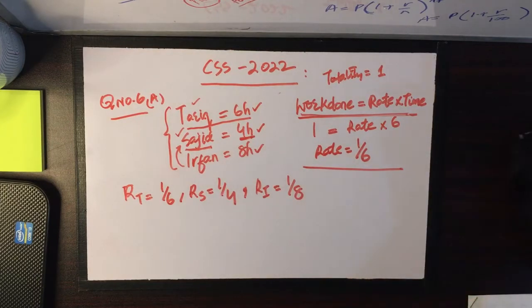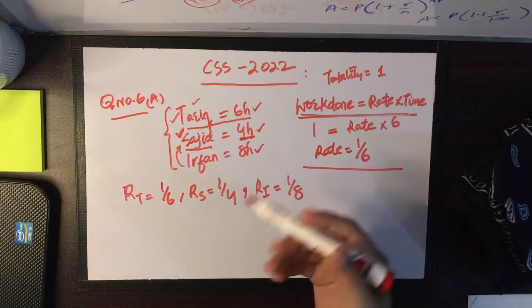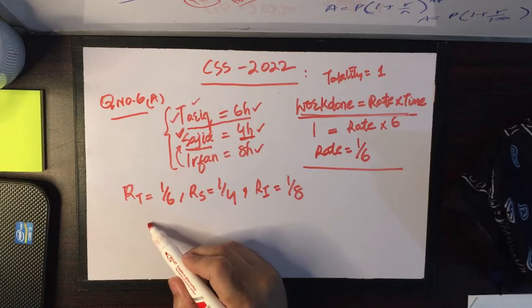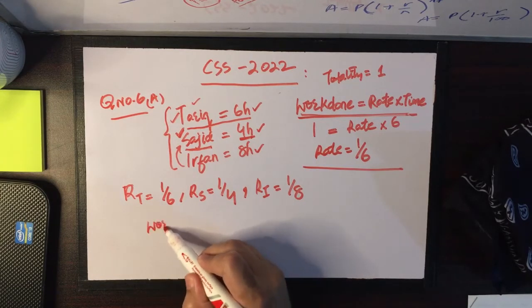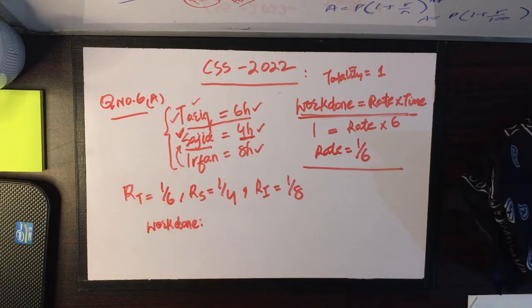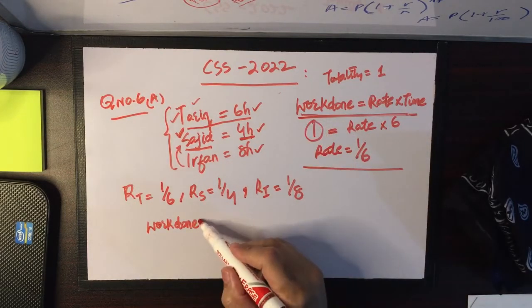So firstly, Tariq and Sajid start doing the work, whatever the work is, which is always 1. We'll find out how much work they have done out of the totality of 1 in 2 hours.